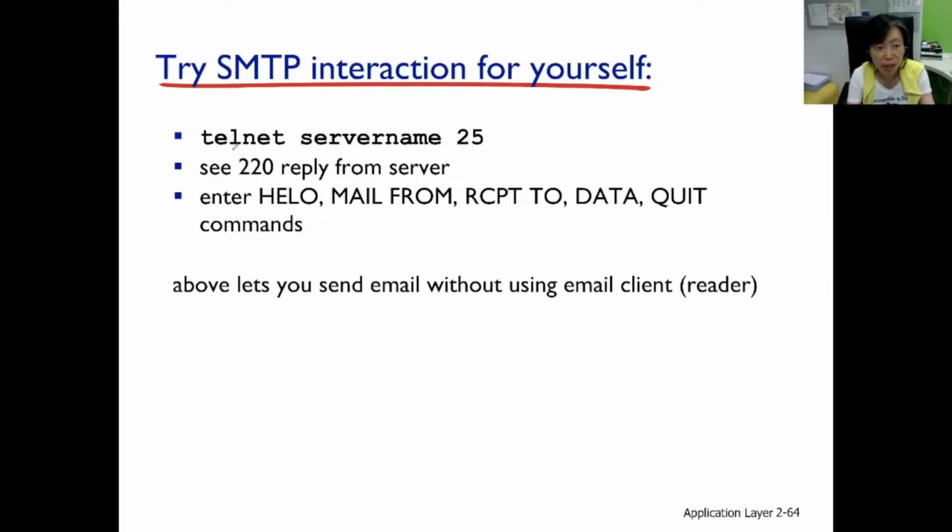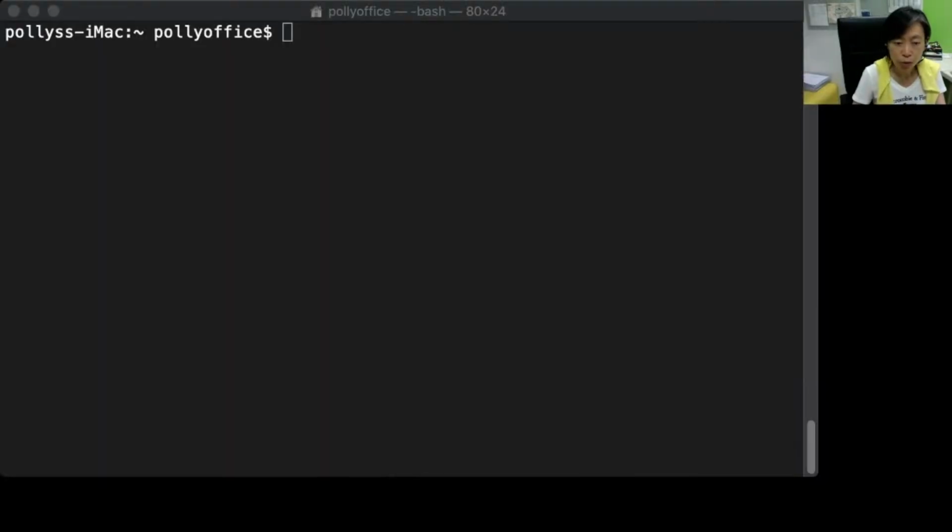Let's try now to telnet to an actual mail server at port 25 and see what the server would send back to us. And then we could try to type in some of these commands and see how the server responds. So let's go to the demo mode. Now let's try telnet to a mail server at port 25. Which mail server? I actually Googled up Gmail's mail server. The name is this, smtp, how appropriate. gmail.com, 25.